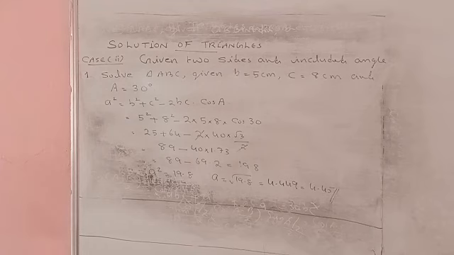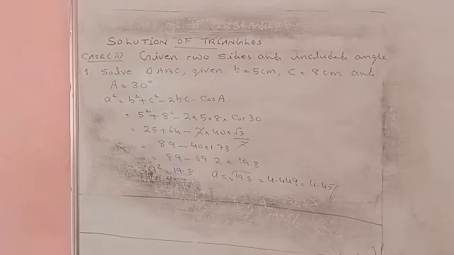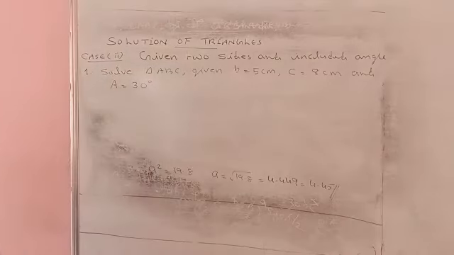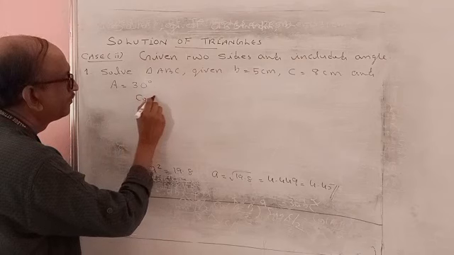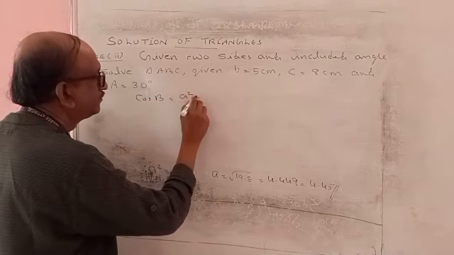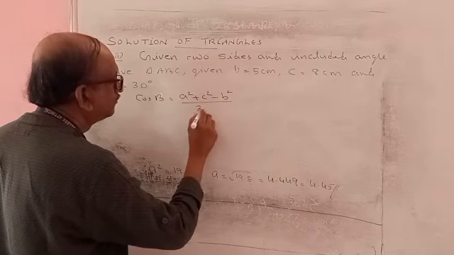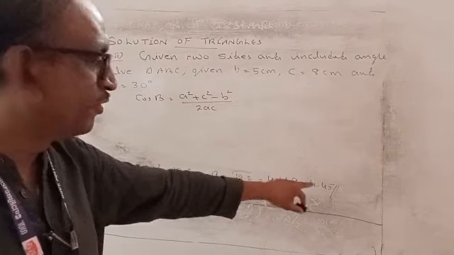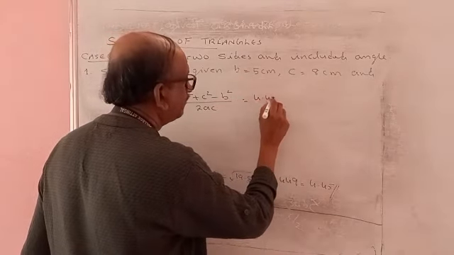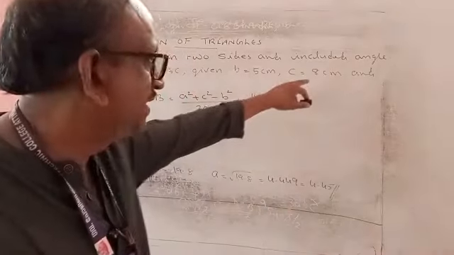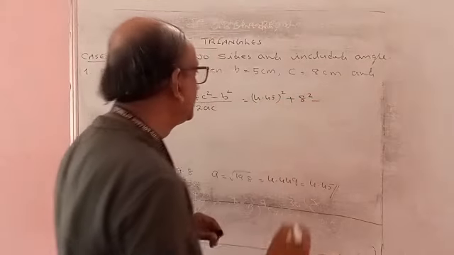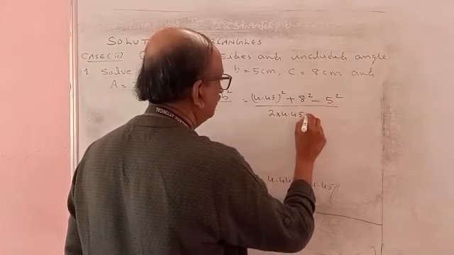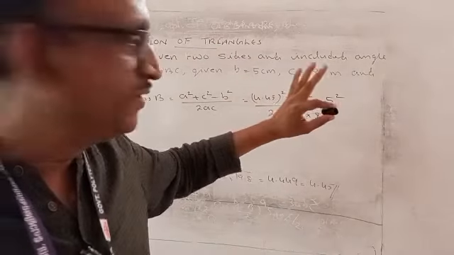Using that formula we can find angle B. a squared is equal to 4.45 squared, plus c squared, c is 8, 8 squared is 64, minus b squared, 5 squared is 25, divided by 2ac, 2 into 4.45 into 8. Then simplify.